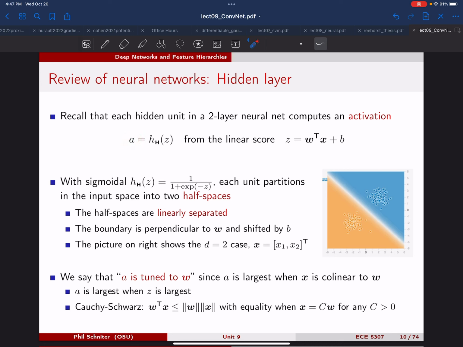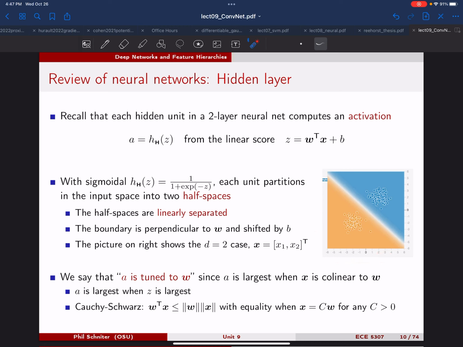So as we saw last time, we can interpret what's going on based on our knowledge of linear classification. If we just have this single layer in isolation, imagine that we have two features just so that we can draw things.